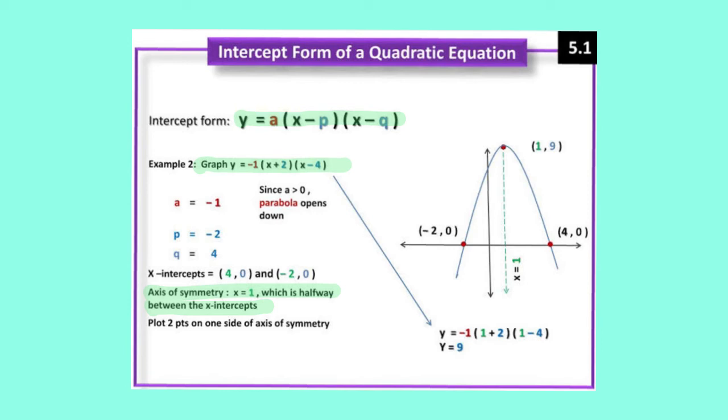To find the y value, we substitute 1 into the equation for our quadratic, so we get y equals minus 1 brackets 1 plus 2, 1 minus 4, which is minus 1 times 3 times minus 3, which comes to 9. So the vertex is at (1, 9).